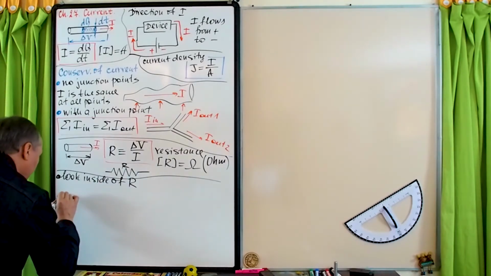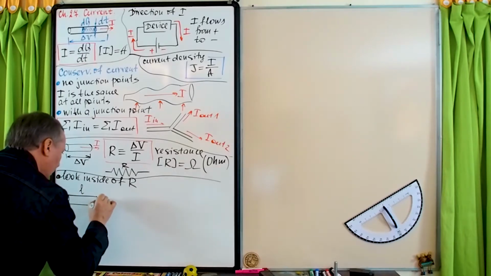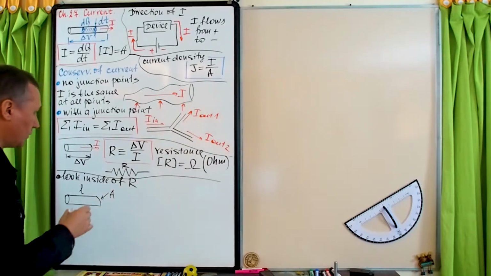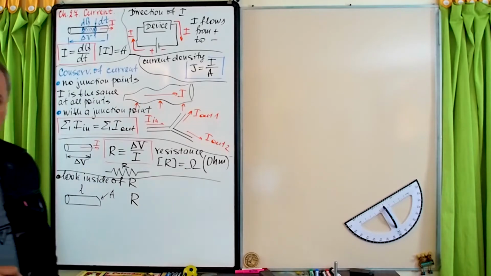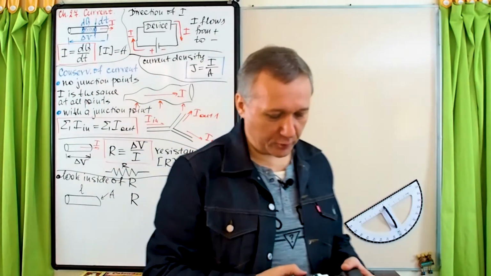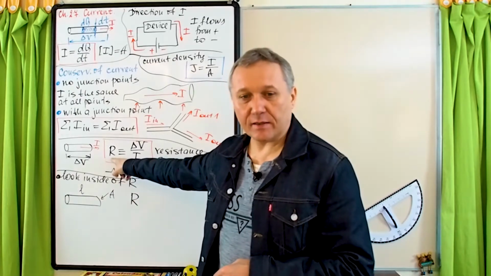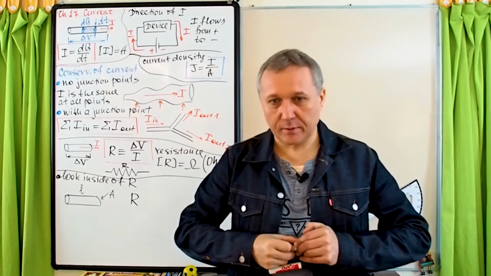For example, let's say we have some, again, conductor, of some length L, cross-sectional area A, right? And so let's find out which parameters might be involved in R. Basically, we just want to dive inside and see what R might depend on.